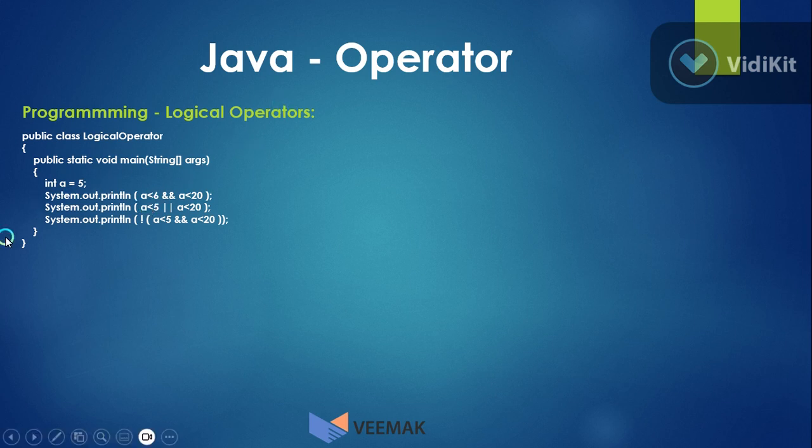In the OR condition, if any one condition is true, it returns true. This is the NOT operator. It will reverse the result. If both conditions are true, it will return false. It reverses the result.